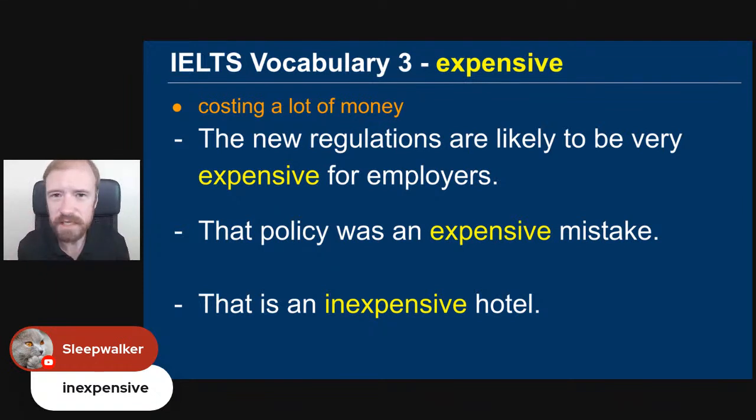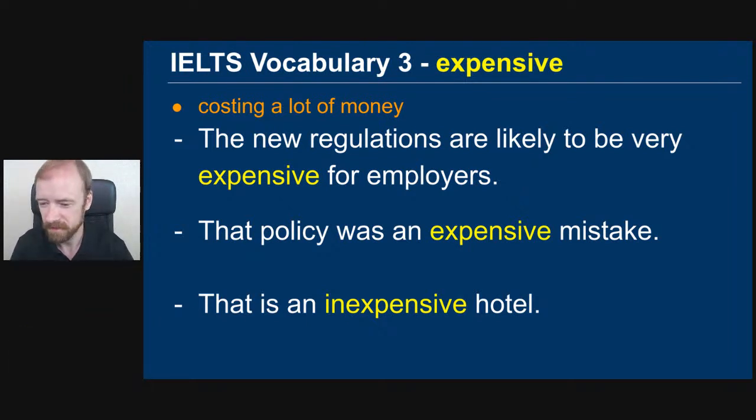Now, cheap is the easy word, but let's use inexpensive. That makes you sound like a better writer, and you know more vocabulary. I want my students saying inexpensive on the IELTS speaking or writing, not cheap.